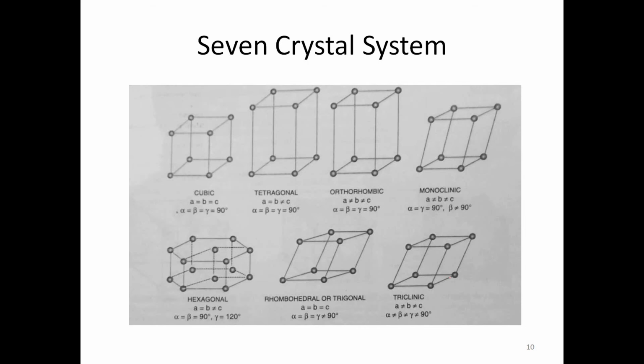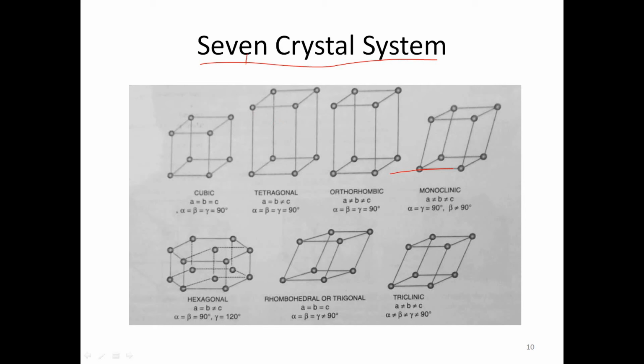Now, the 7 crystal systems. For a primitive or simple cell, in total we have 7 types of crystals. This is called the 7 crystal systems, with different values of a, b, c and alpha, beta and gamma.